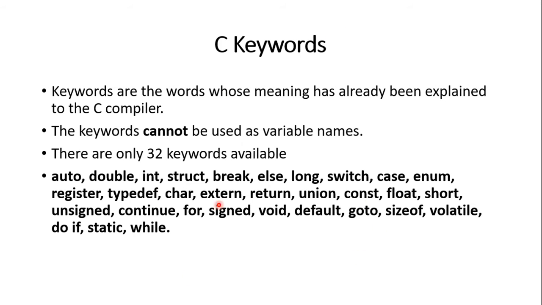There are 32 keywords, and now we will use int, float and char. Some will be used later. So first of all we will use these three C keywords. We will not be able to keep int as a normal variable or float as a normal variable. So these are predefined keywords, and we will not be able to use them as variable names in our program.